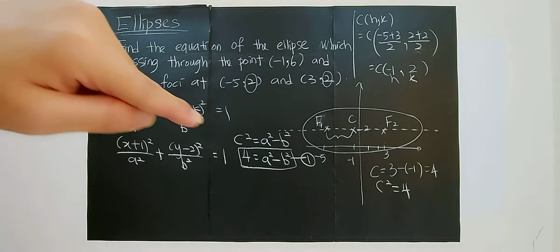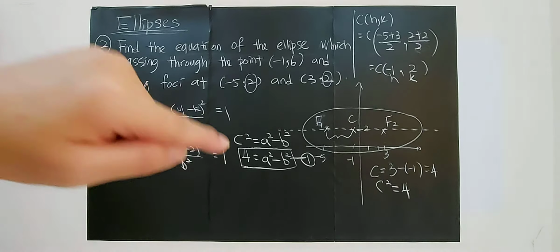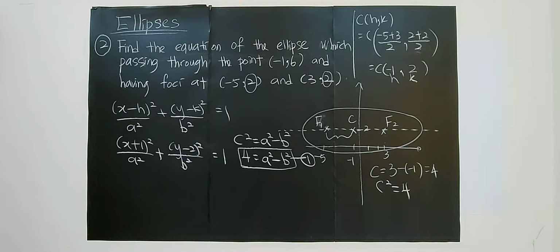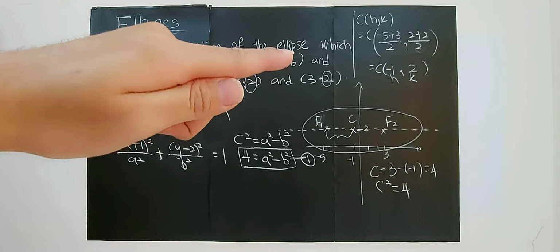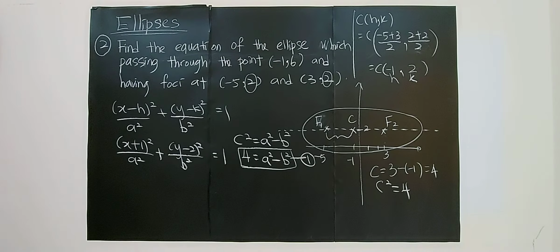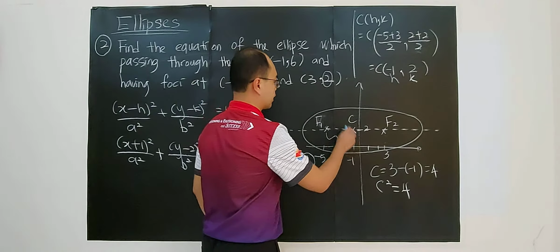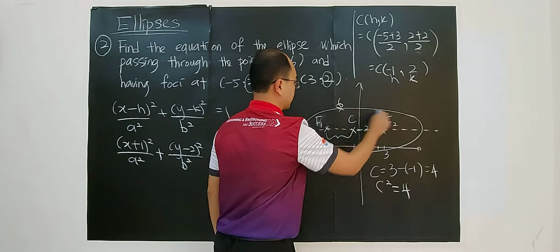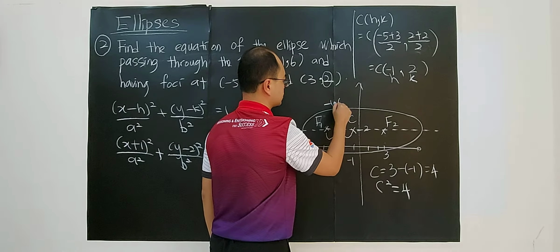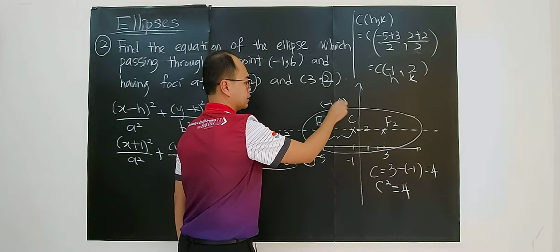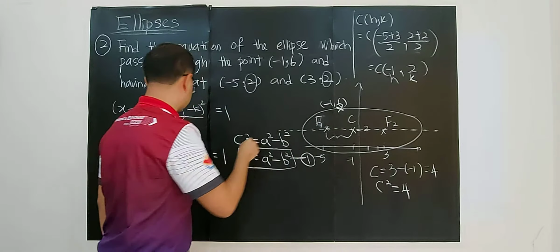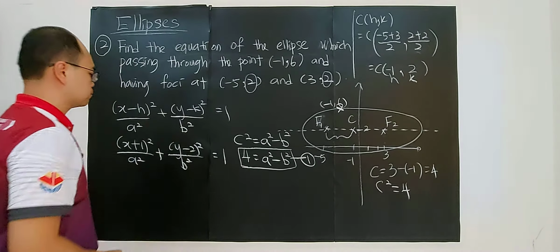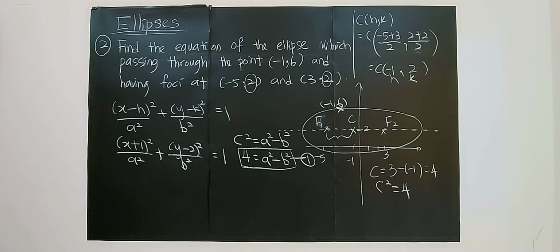It will satisfy the equation and give you the value of 1, just like a point on a circle satisfies the circle. Passing through the point means it's passing through negative 1, 6, somewhere around here. So this point can be directly substituted into the equation of the ellipse. So let's see how to get the other equation.